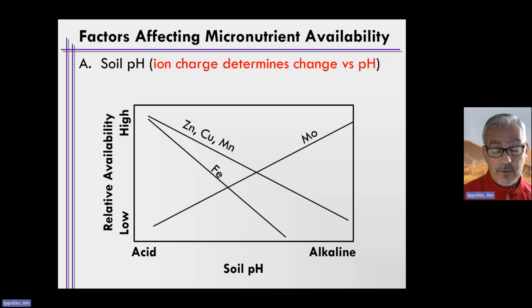So 10 to the third is 1,000. As pH decreases by 1 pH unit, iron availability increases 1,000 times. The exact opposite can be stated when we increase pH: for every 1 pH unit increase, iron availability decreases 1,000-fold.